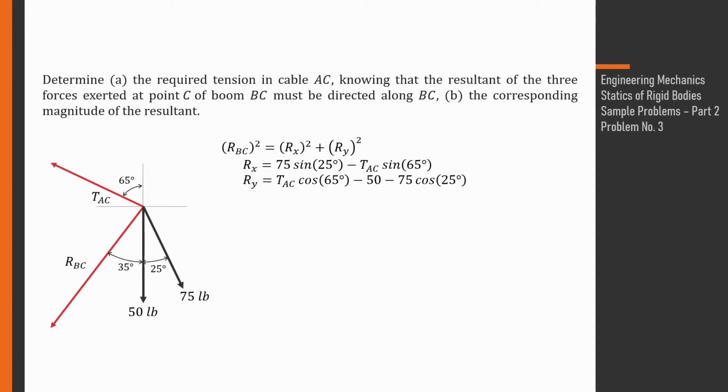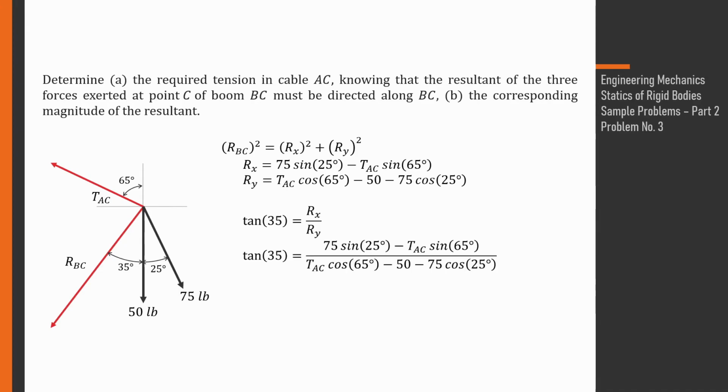So cosine, because its vertical component is parallel to the y-axis, and it's adjacent to the angles given, which are 65 and 25 degrees. And then tangent 35 degrees is equal to the opposite over adjacent, so r sub x over r sub y.